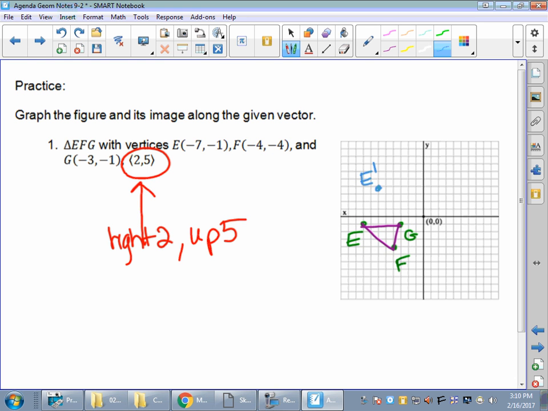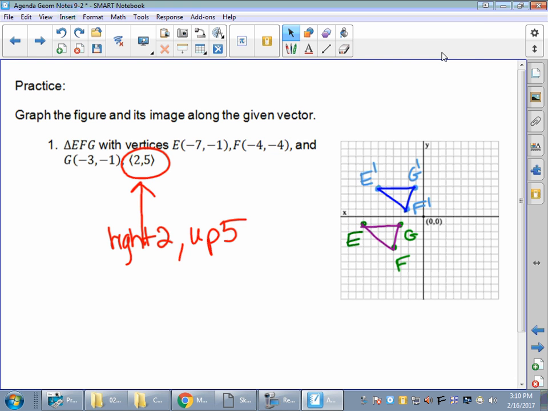G prime, I'll go right 2, up 5. And for F prime, I'll go right 2, up 5. Drawing my triangle.